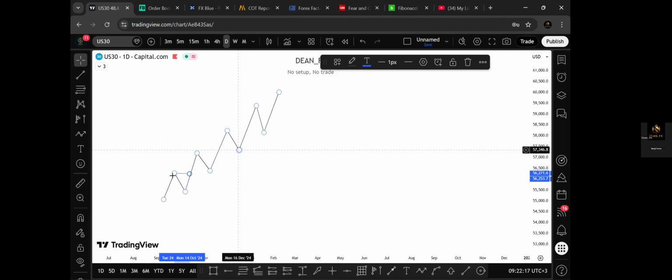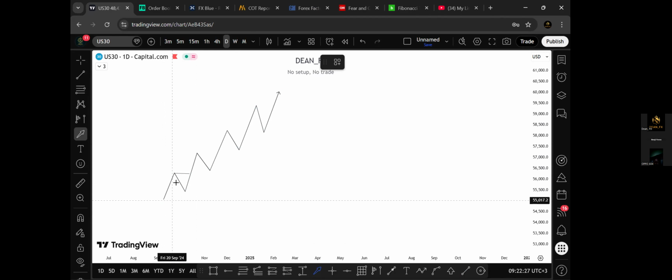So this move in between, that causes the market to go back to the lower low, that move is known as the pullback.